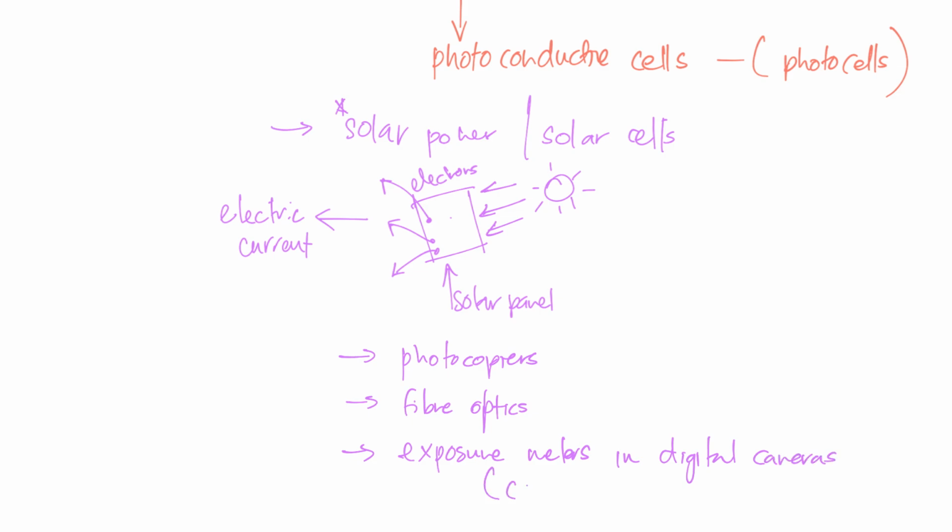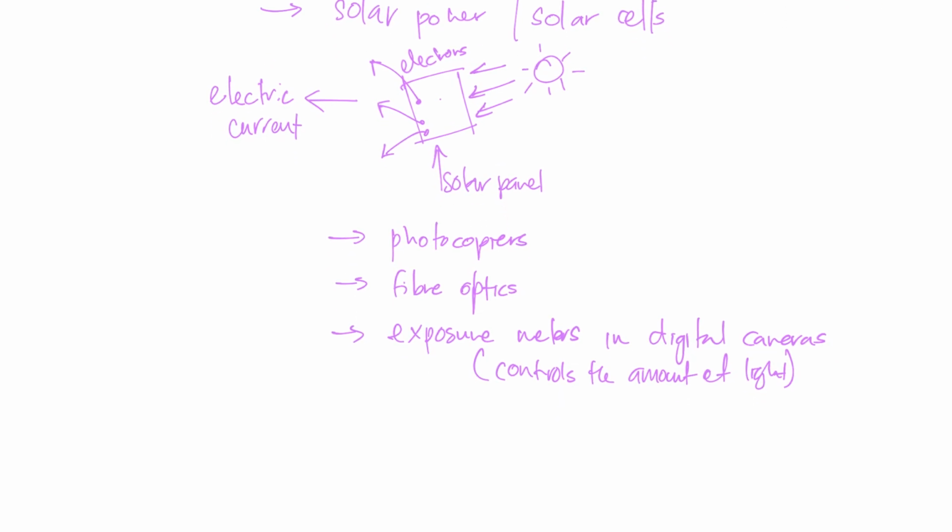And what that does, it controls the amount of light that comes through. And by doing that, it means you're able to adjust the lenses of the camera, right?